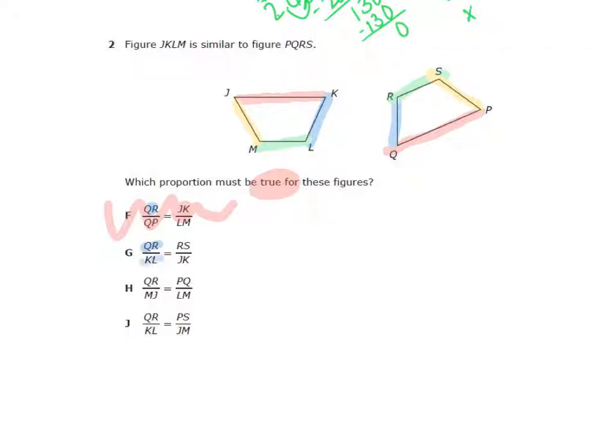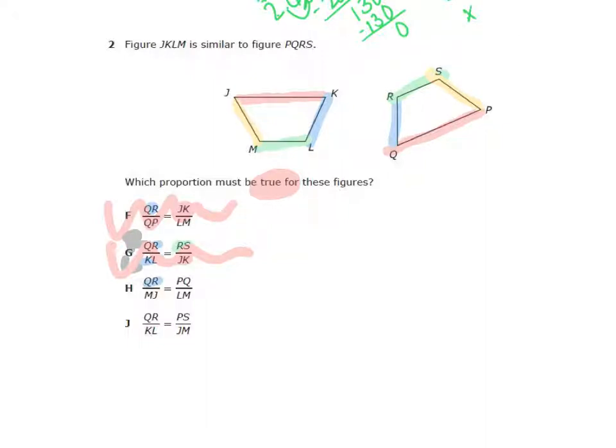KL is blue. So I'm going to make a note here that it's going to be right over left. RS is going to be green. And JK is going to be red. Will that work? No.